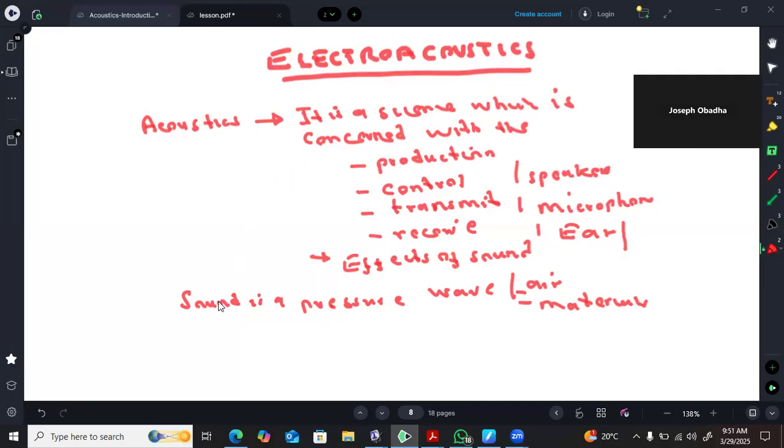So we are basically dealing with the sound pressure, so that when we are dealing with how sound is produced, we have to discuss, for example, the movement of the vibrations within the material under consideration.